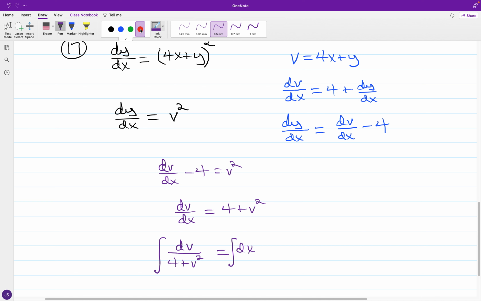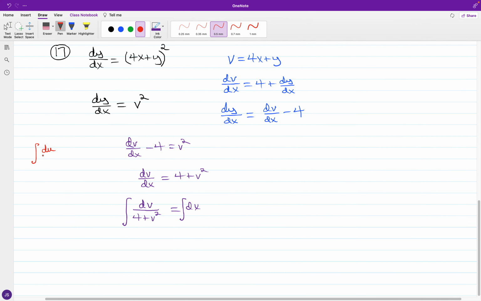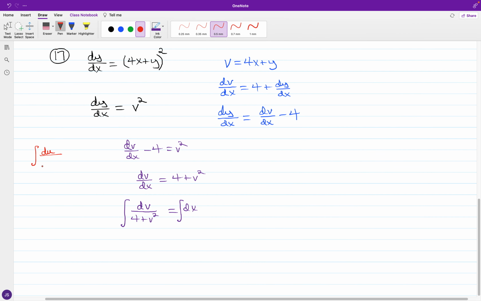Just as a reminder, if I have the integral of du over a squared plus u squared, that's going to be 1 over a times the arctangent of u over a, followed by the constant.